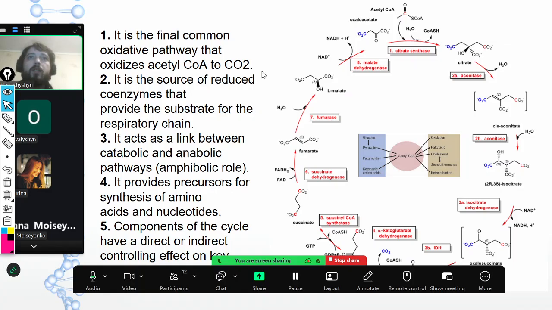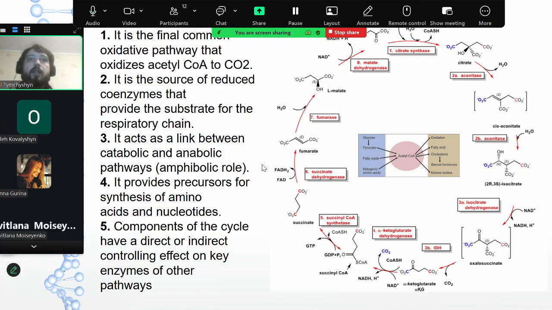So this is the final common oxidative pathway that oxidizes acetyl-CoA to CO2. We bring in two carbon atoms, and we reject two molecules of CO2. This is the source of reduced coenzymes that provide the substrate for the respiratory chain.